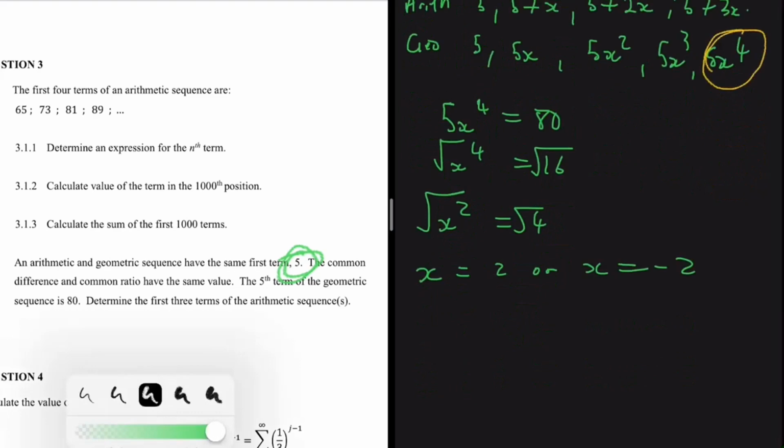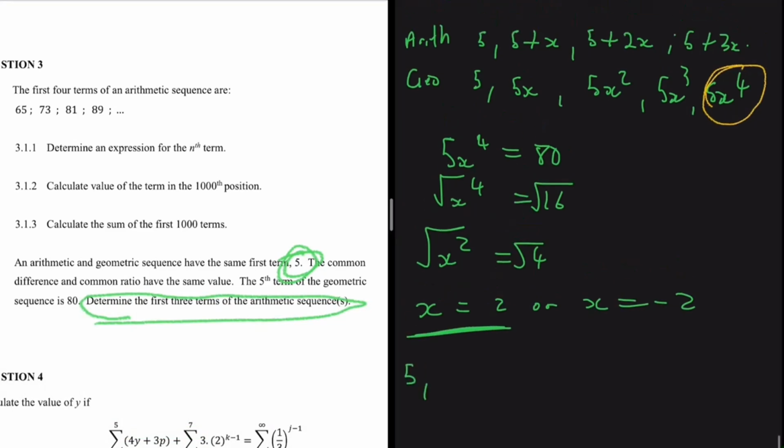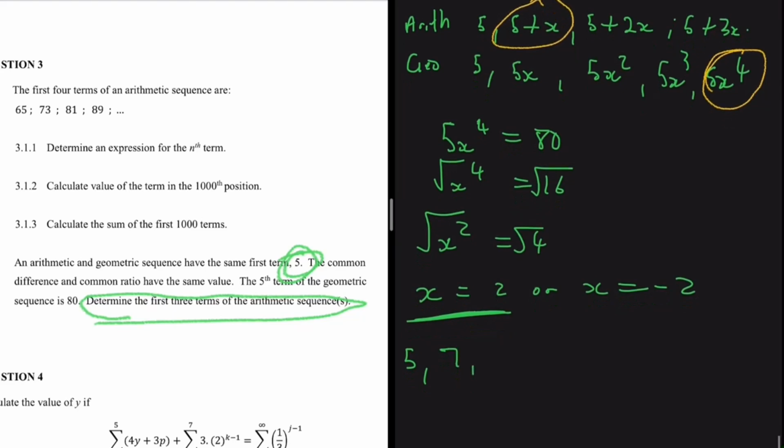Now to actually answer our question, which is to determine the first three terms of the arithmetic sequence, if x is equal to 2, right? If x is equal to 2, then the first term will be 5, the second term will be 5 plus x, right? Here it is here, 5 plus x. So the second term will be 7, and then the third term will be 5 plus 2x, so that will be 9, right?